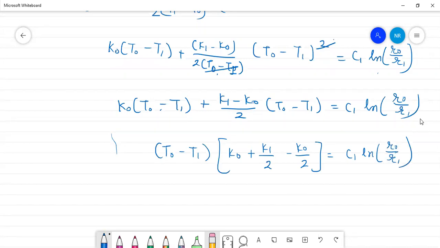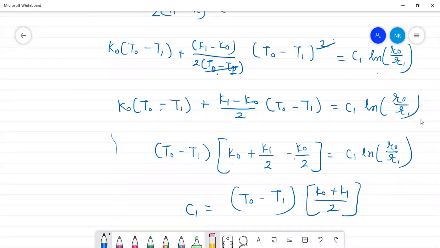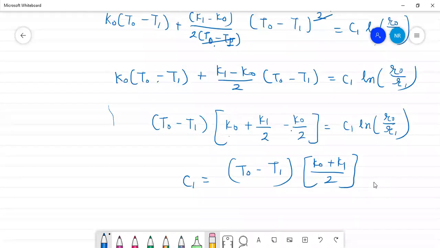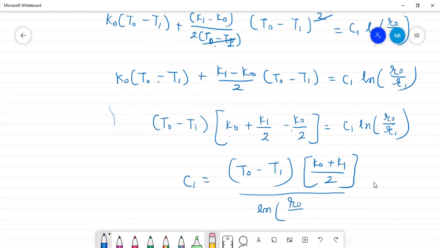So C1 is equal to T0 minus T1 multiplied by K0 minus K0 divided by 2, which is K0 plus K1 divided by 2, divided by ln R0 divided by R1. We get the value of C1.